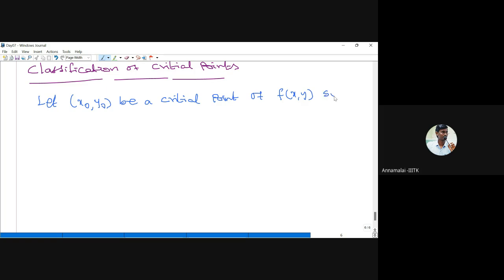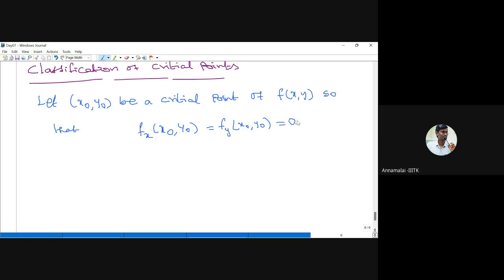So critical point means it satisfies the first derivative condition; we find the solution using this. So if we substitute this x naught, y naught in the first derivatives with respect to x and y, you will get 0, because that is a critical point.